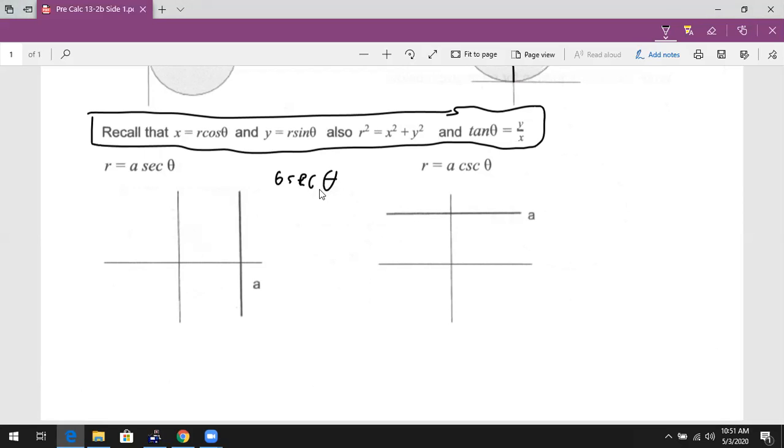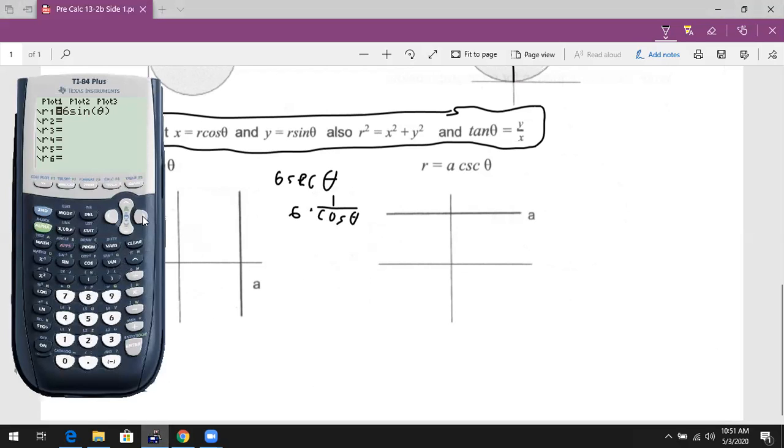Now, I don't have a secant key on my calculator, so I'm going to have to key this in as r equals 6 times the reciprocal of secant, which is cosine. So 6 over cosine theta is how I got to key that in.